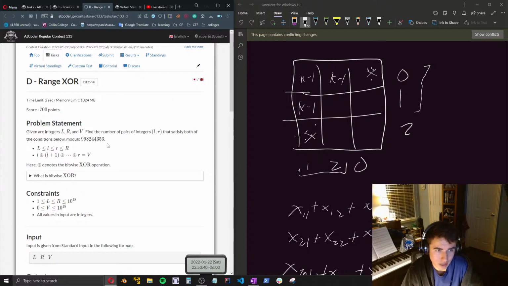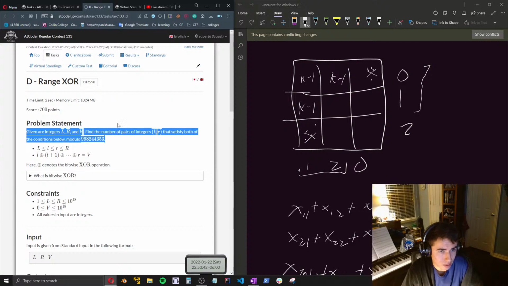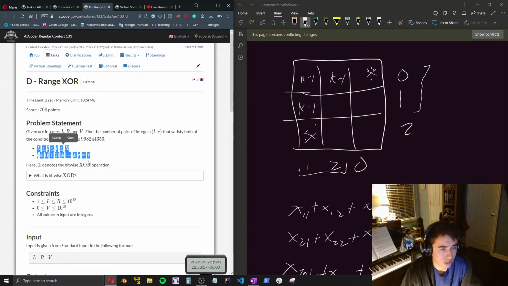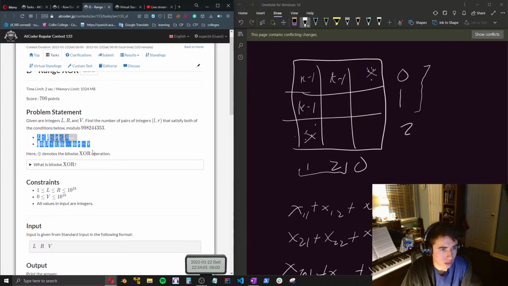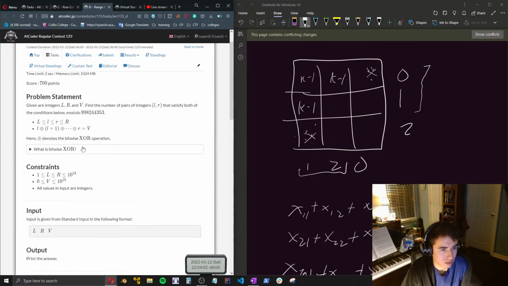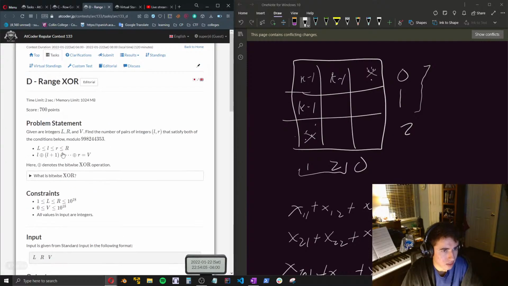Let's see. From L to R and V, find the number of pairs of integers that satisfy both conditions. L is less than or equal to R, and L XOR L plus 1 XOR and so on is equal to V. Well, this is pretty easy, right? This seems easy.